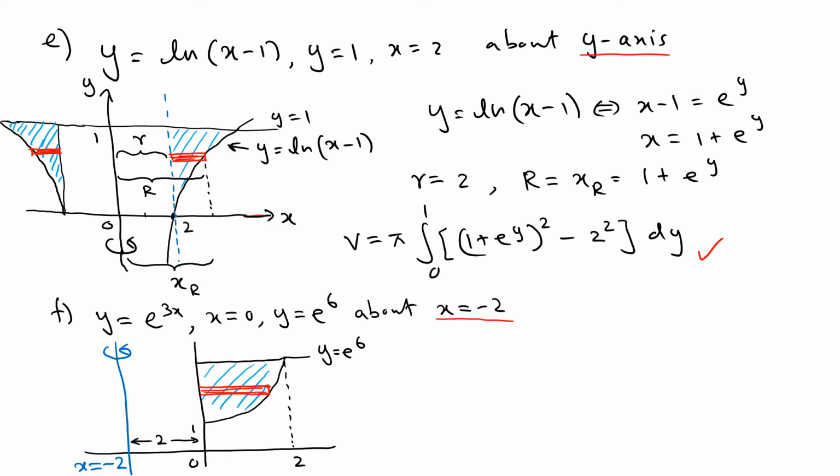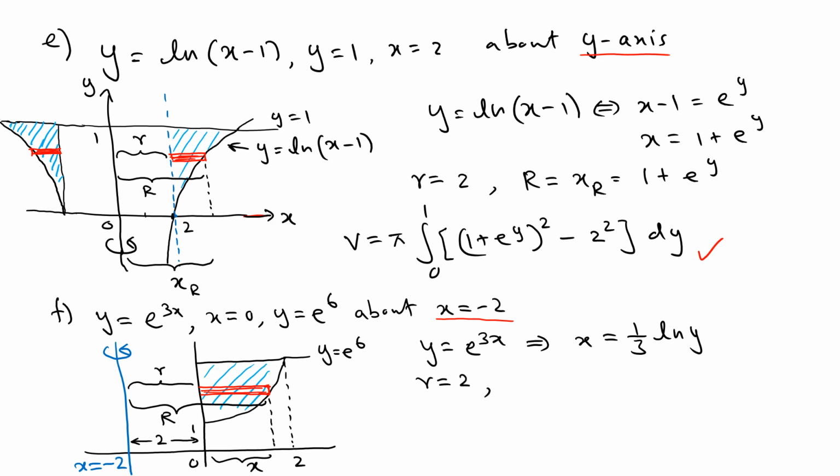We define the two radii: this is the smaller radius, which is r, and this is the larger radius. The larger radius is 2 plus the x coordinate, so we have to solve for the x coordinate. We have y equals e to the 3x, so 3x equals ln y, and x equals 1/3 ln y. The smaller radius is 2, and the larger radius is 2 plus 1/3 ln y.